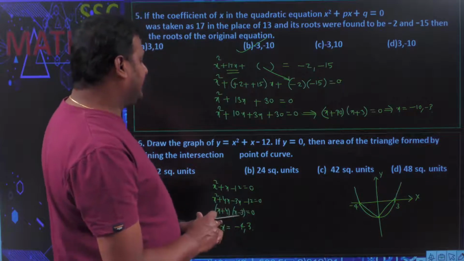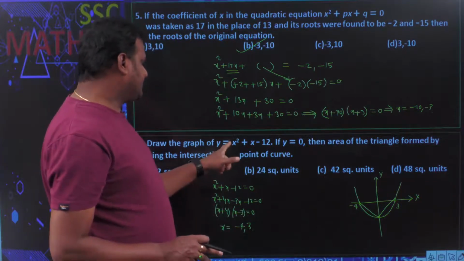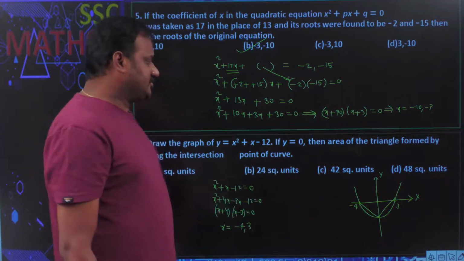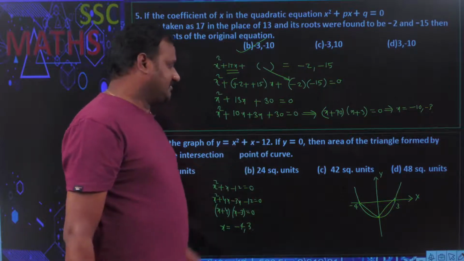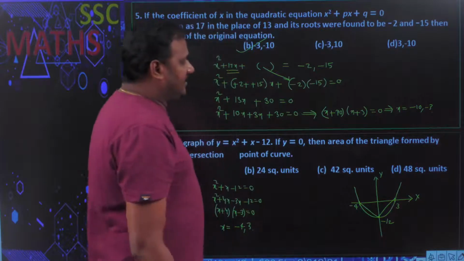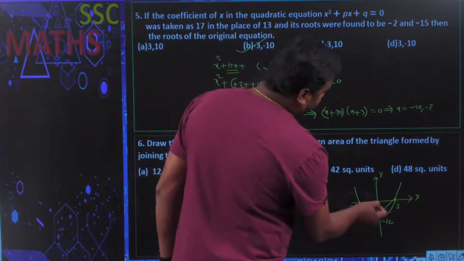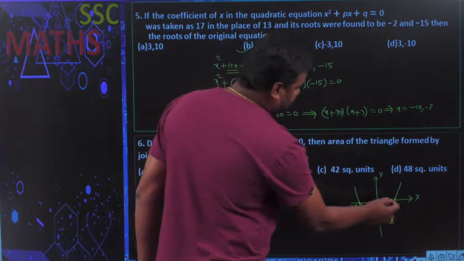So in order to find the area of the triangle formed by the curve, x is equal to how much? x is equal to 0 there. When x is equal to 0, then y is equal to minus 12. So this value is minus 12. Now if you observe the lengths of sides, this height, the perpendicular, is going to be 12 and this is the base.